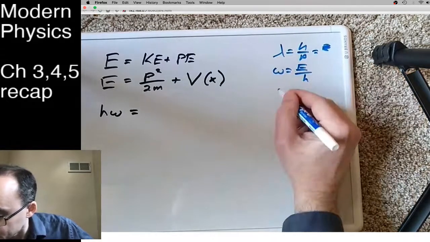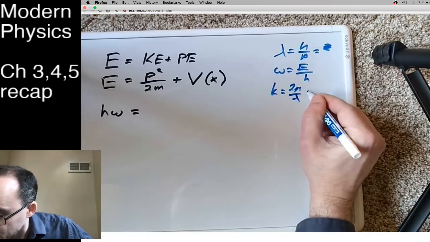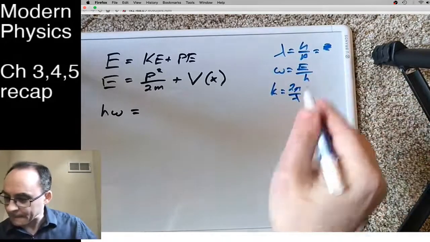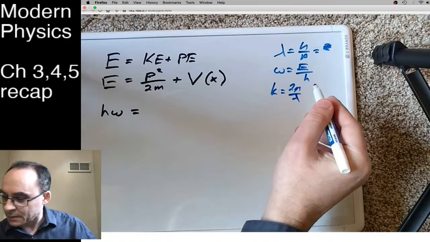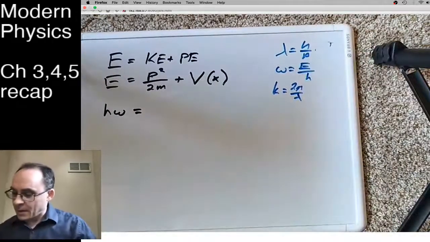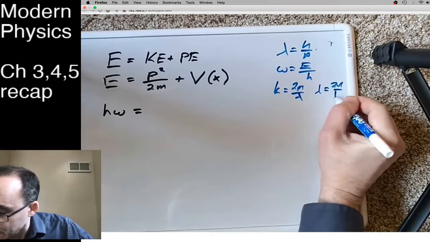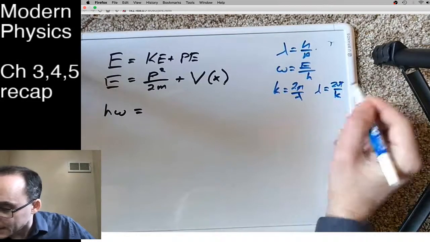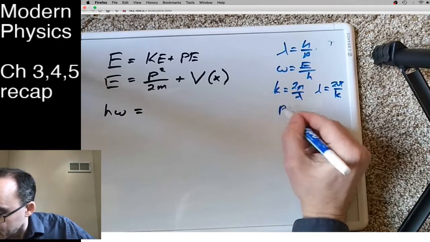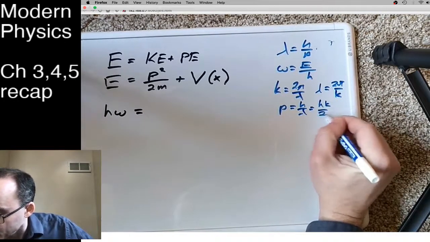So lambda is 2 pi over k, and so p, which is h over lambda, is hk over 2 pi.